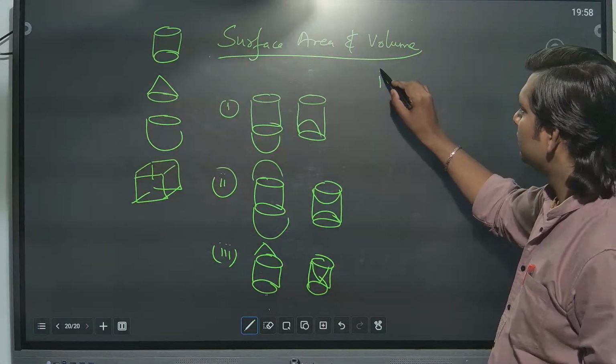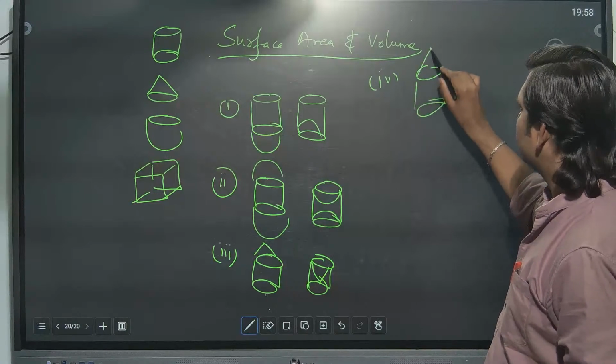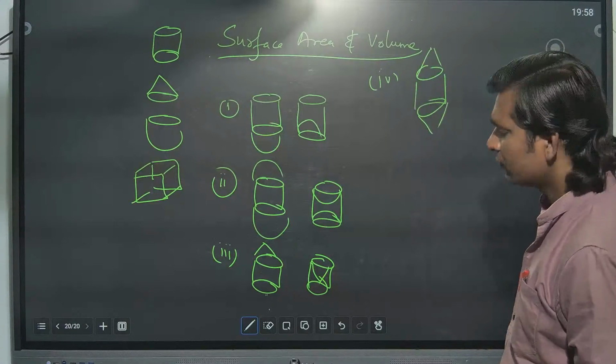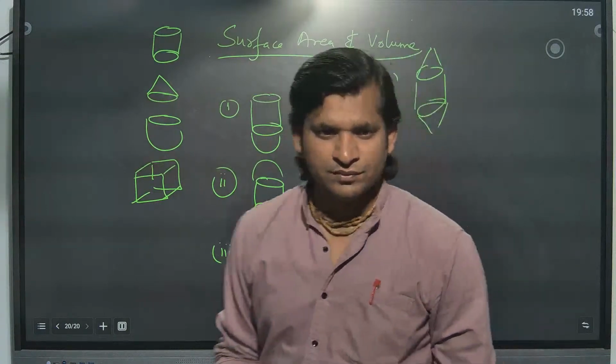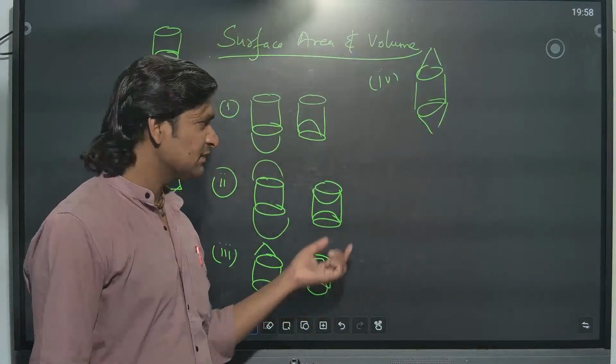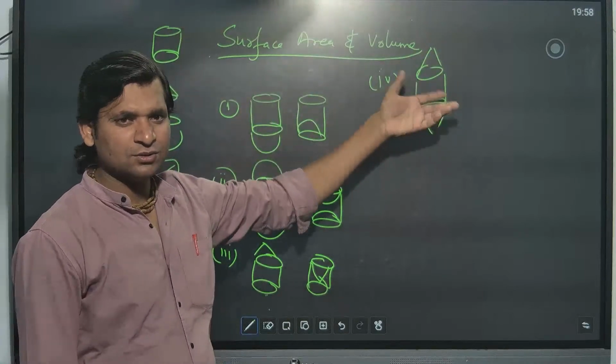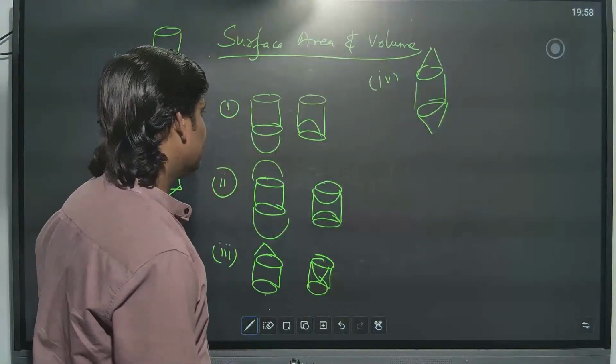Fourth, both on top. Inward they will not ask. This type of question they'll ask, but inward on both sides is rare. So this is one case.